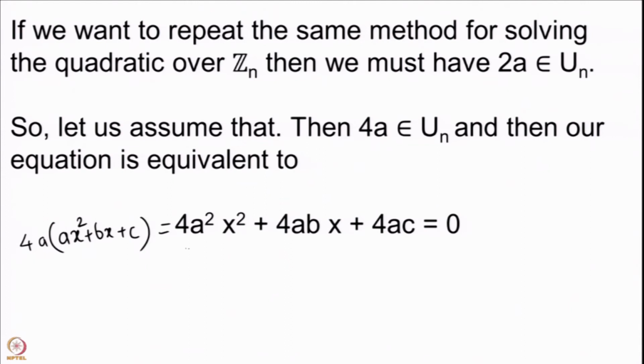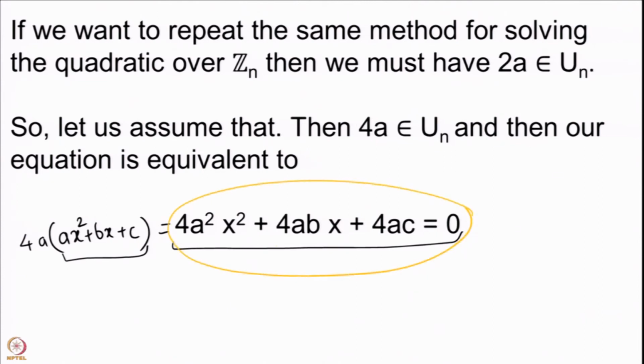Whenever you have a solution to this equation, you have a solution to this equation. Whenever this is 0, this has to be 0, because these two are identified by multiplying by an inverse, by an invertible element. So, this is 0 implies that this is 0.